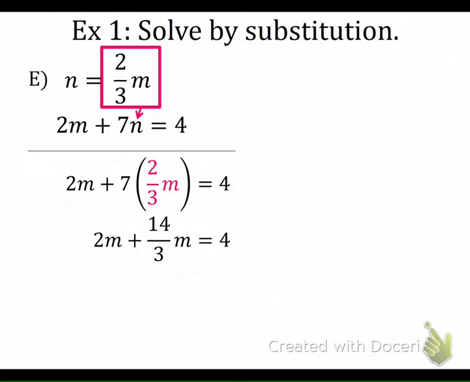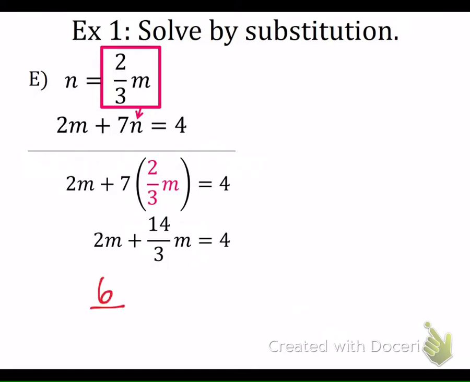Now, I need to get common denominators. What's my common denominator going to be? 3. All right. So I'm going to make that a 6/3, right?